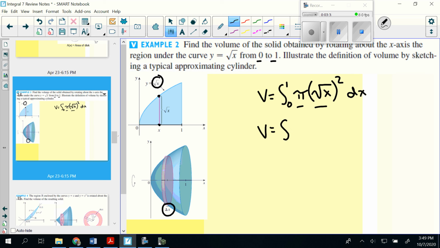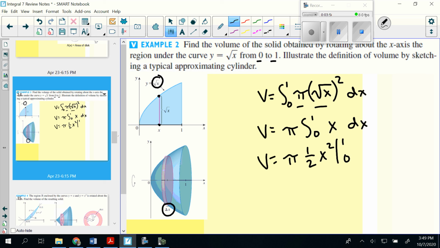This one's not too hard to do. Simplifying, pi is just a constant, so let's pull that out. Square root of x squared is just x. So integrating that, we get 1/2 x squared evaluated at 1 and 0.